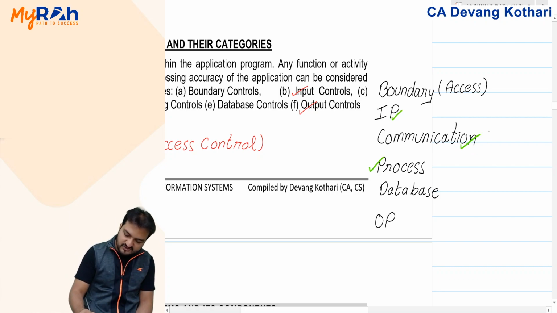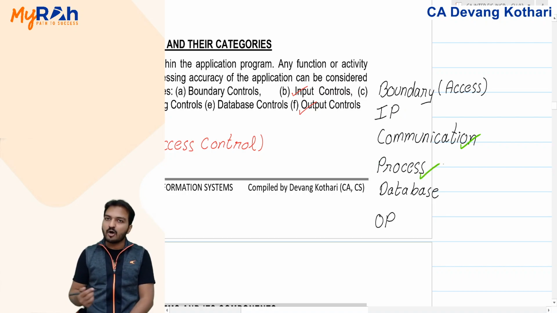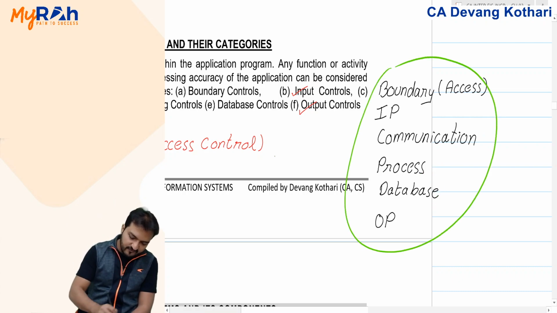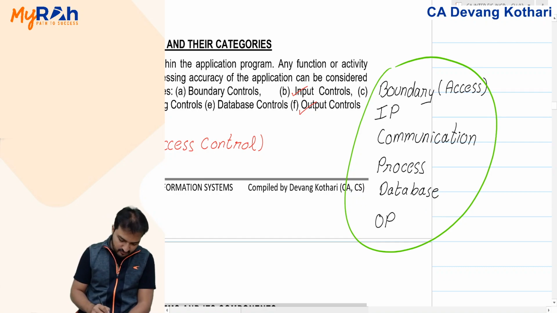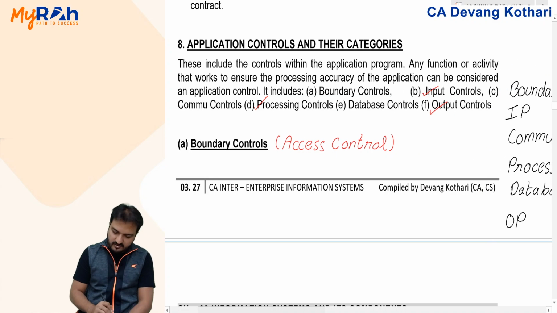After processing is done, output is generated, output might be stored in the database, so we have database controls also. In short, total six different components under application controls, starting with the first one, access controls, also called boundary controls.